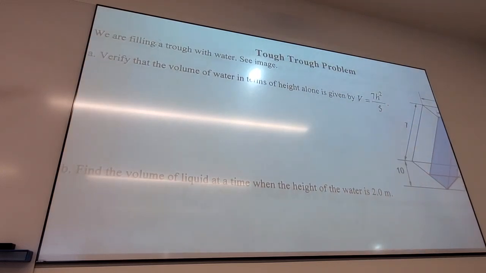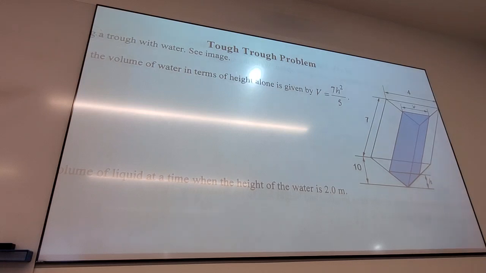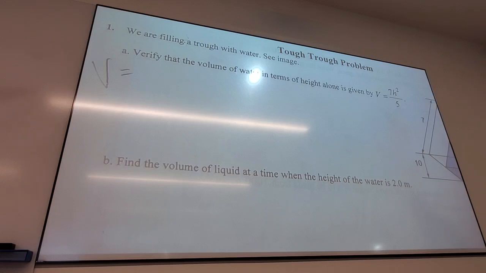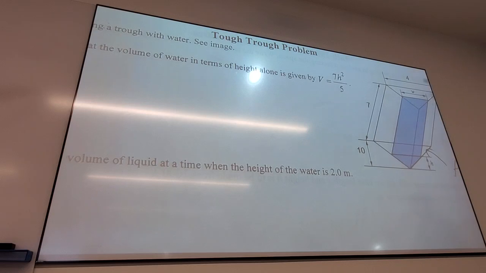Does someone remember the volume formula for any repeated shape? Yeah, the volume for any repeated shape would be the area of the face times the height or the length. In this case, I'll say length since it's laying down.